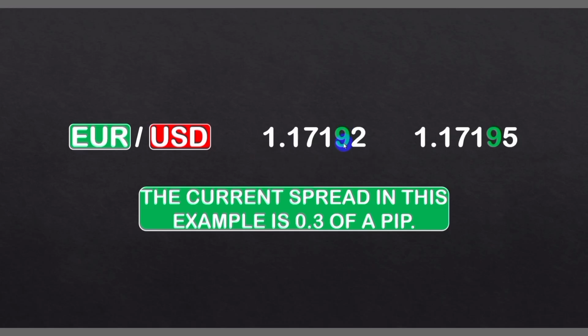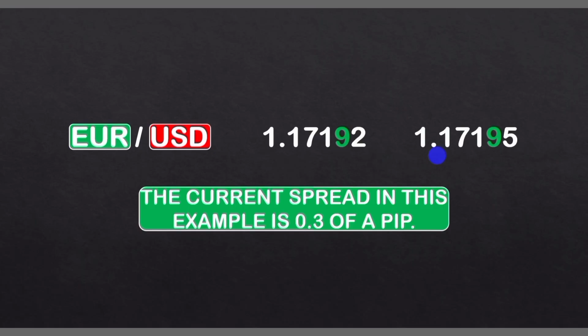So meaning this is the 0 pip. But then you pay attention to the pipettes. We have 5 and we have 2. The difference between 5 and 2 is 3. So meaning it is 0.3 of a pip. This one is not to a single pip. It's not to a unit of a pip. This is 0.3 pips.